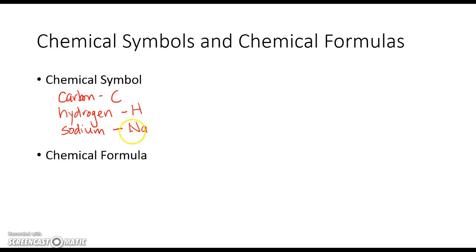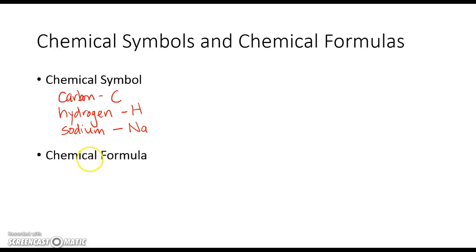In these cases where you have two letters, the reason is we only have so many capital letters in the alphabet, and at some point we run out of letters for how many elements there are. So scientists have put two letters together. The first letter will always be capitalized, the second one will be lowercase, representing that this is just one element.